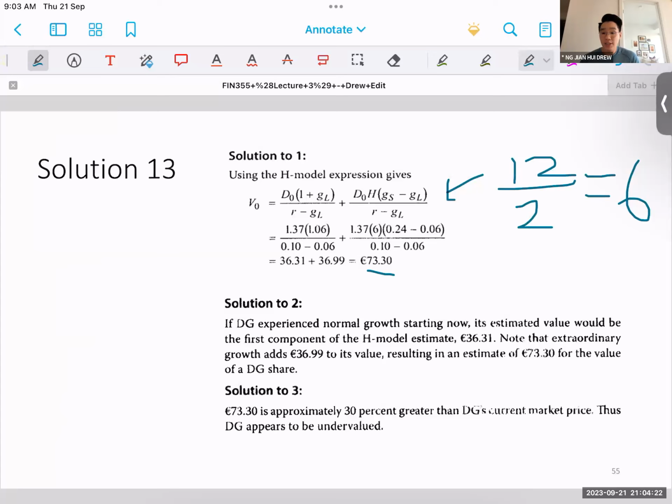Remember, the formulation: this component here is what? Is your rectangle, and this formulation is your triangle. Remember, there are 2 components that we talked about. Your rectangle is the component that is the growing perpetuity, and your triangle is the declining supernormal to normal growth.